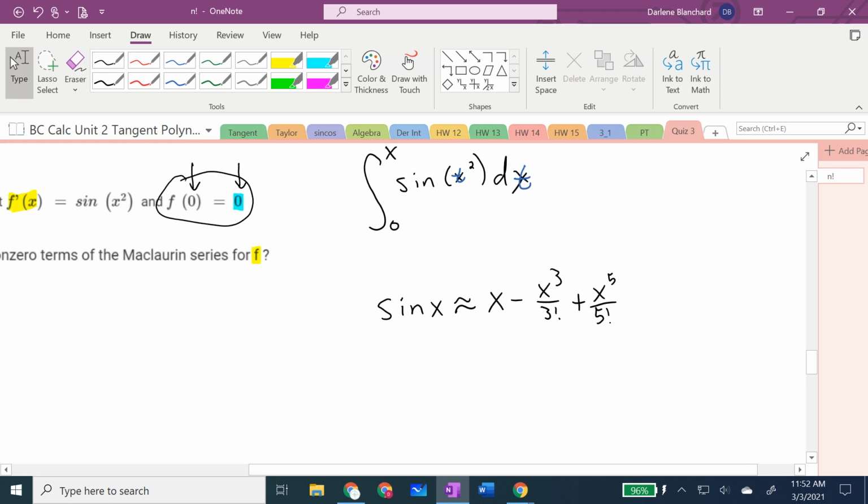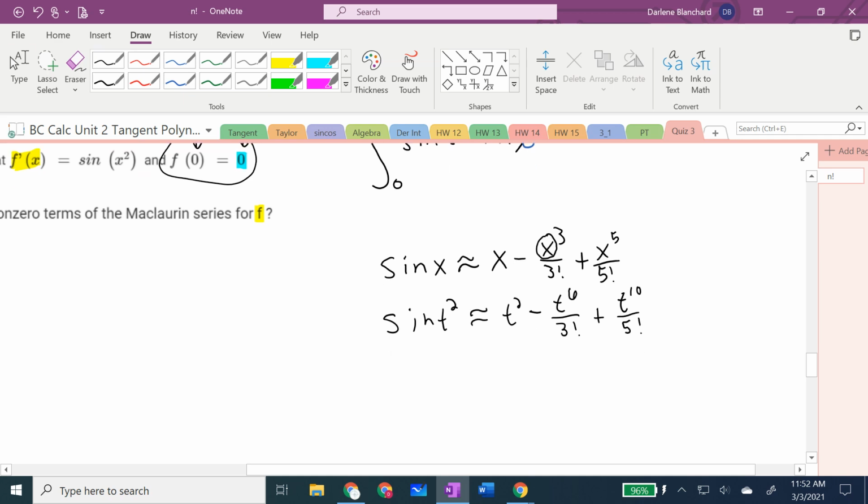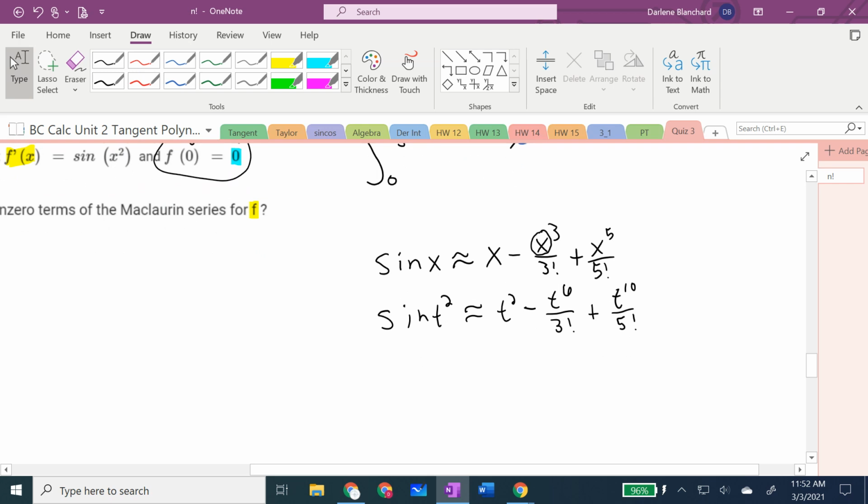And then I'm going to plug in a t squared. And when I plug it into the x, I need to multiply the 2 exponent with the 3 exponent to get 2 times 3 is 6. And again, plugging in t squared, 2 times 5 is 10. And now I'm going to integrate that function.